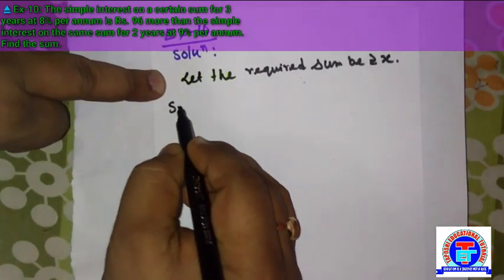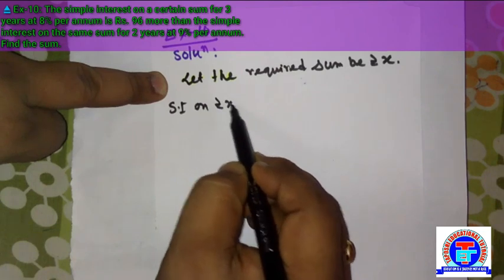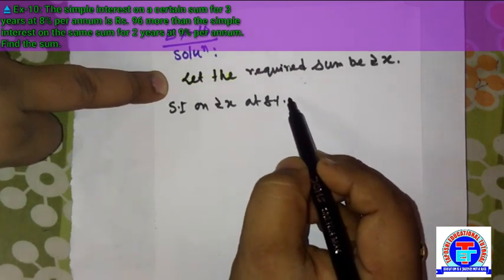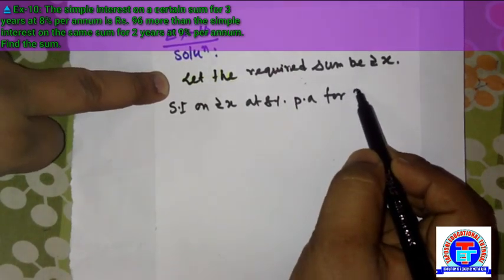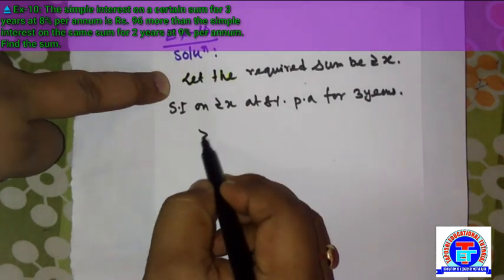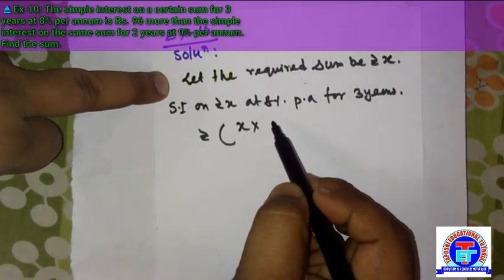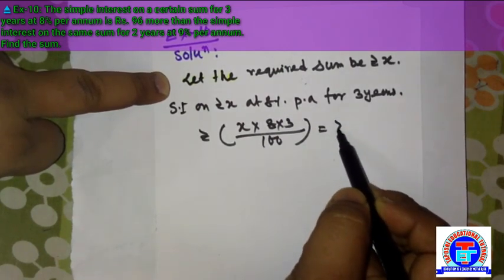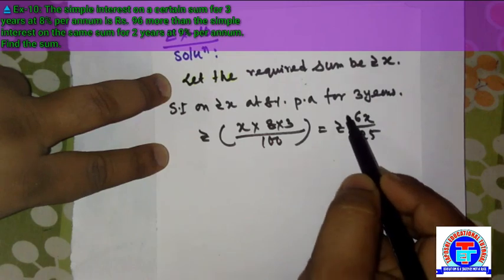so SI on rupees x at 8% per annum for 3 years will become rupees x into 8 into 3 by 100 is equal to rupees 6x by 25.